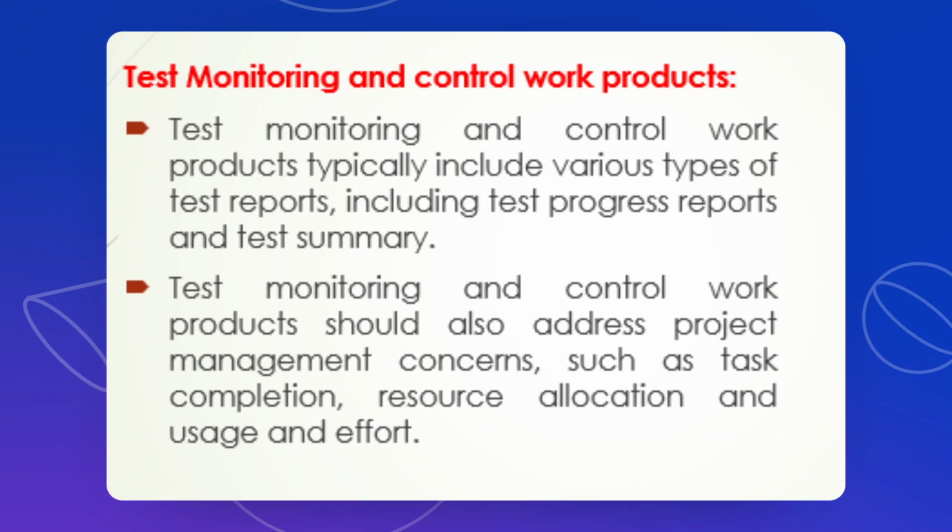In the test monitoring and control work product, we typically include types of test reports, the test progress report and test summary report. Test monitoring and control work products should also address project management concerns such as task completion, resource allocation and usage, and effort.